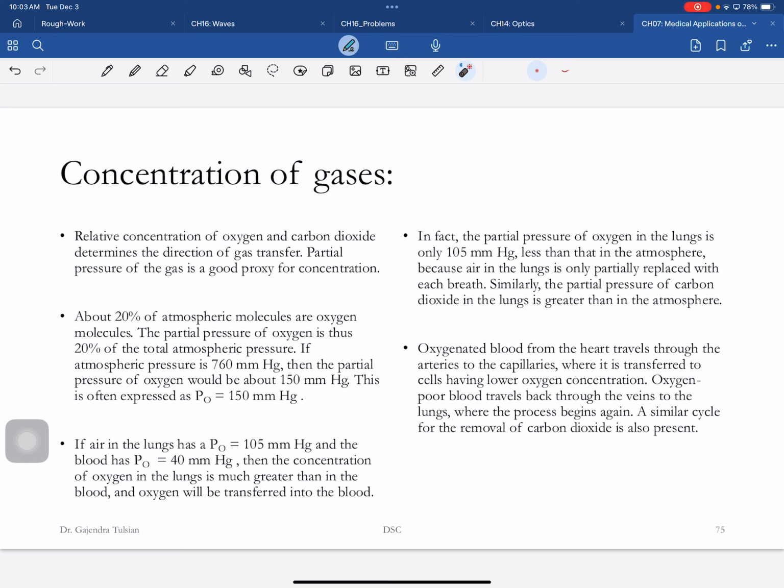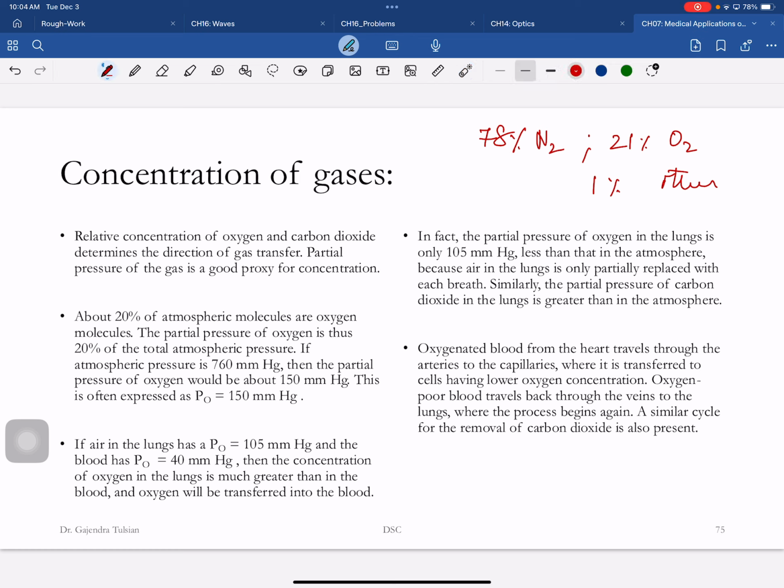Okay. So now we'll talk about the concentration of gases. The atmosphere is 78% nitrogen, 21% oxygen, and 1% other stuff. So about 20% of the atmosphere is oxygen molecules.